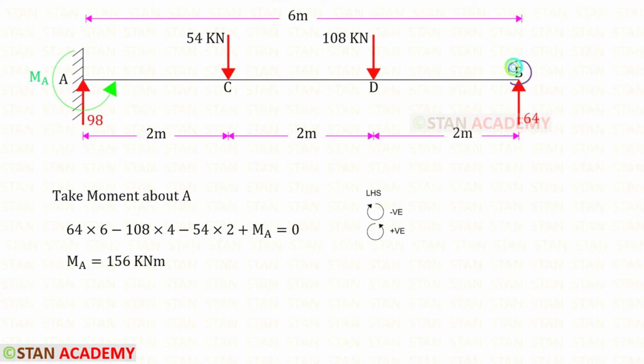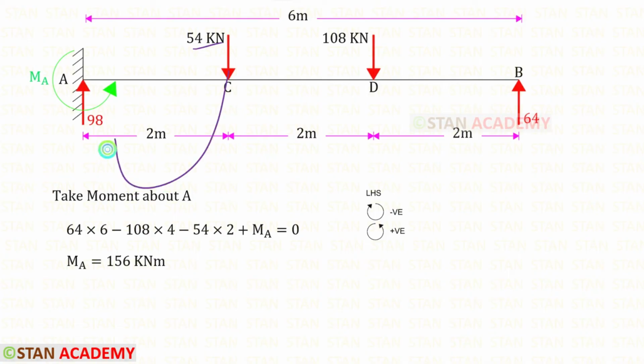Now from the point B and about the point A, let us take moment and find MA. RB is acting in the anticlockwise direction, so it will be positive, and the distance is 6. So 64 into 6. This load is acting in the clockwise direction, so it will be negative, and the distance is 4.